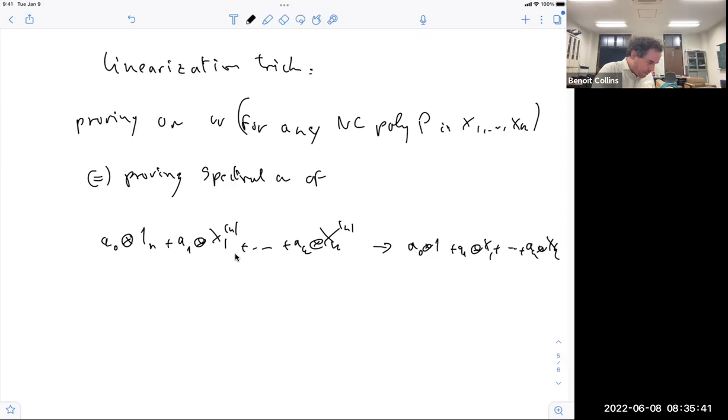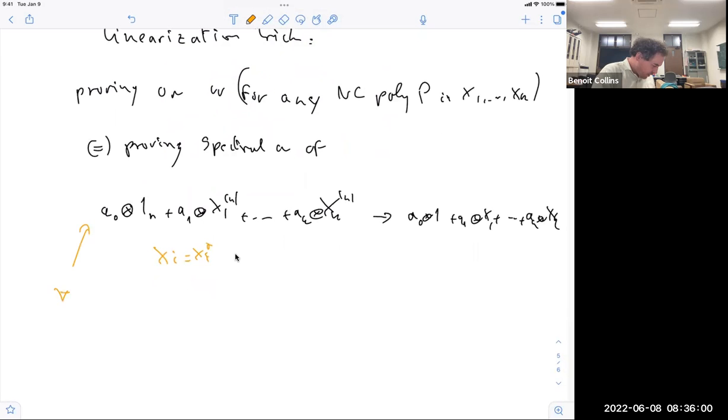Here I'm assuming that all the xi's are self-adjoint.